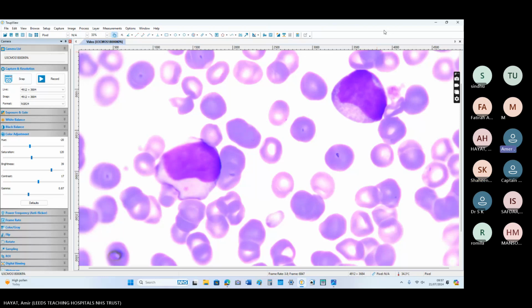This is the first category. Second category is karyotyping, to know about any other translocation. Third category is molecular, NPM1 and FLT3 with ITD or TKD. This is the third category. And the fourth category is NGS panel. So on any suspected acute myeloid leukemia, you will do this panel.